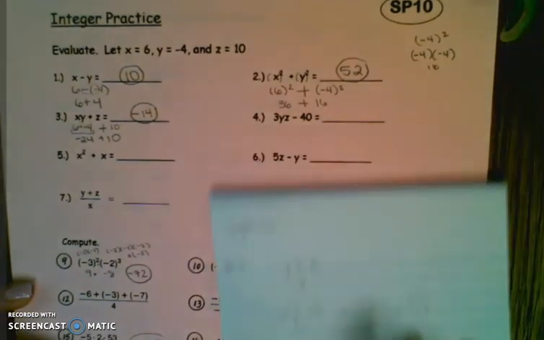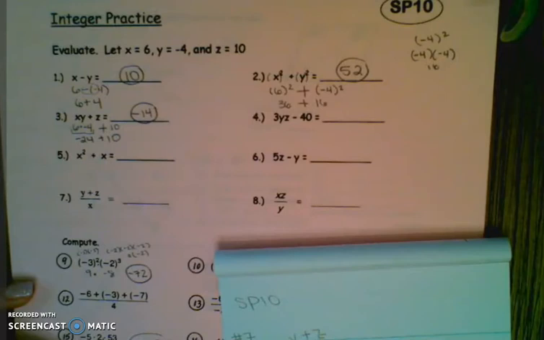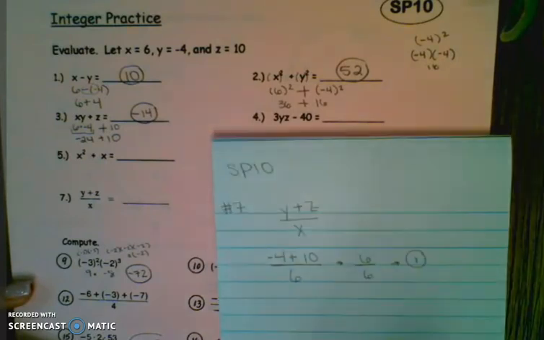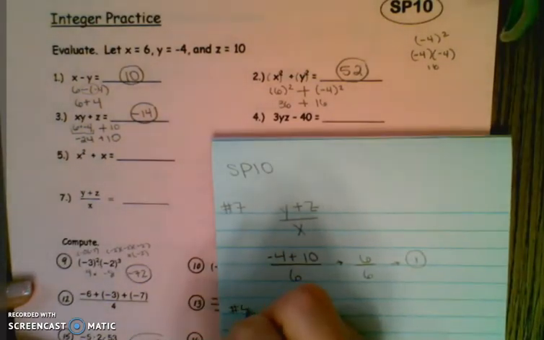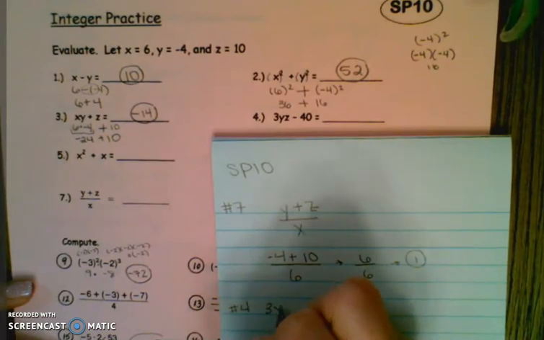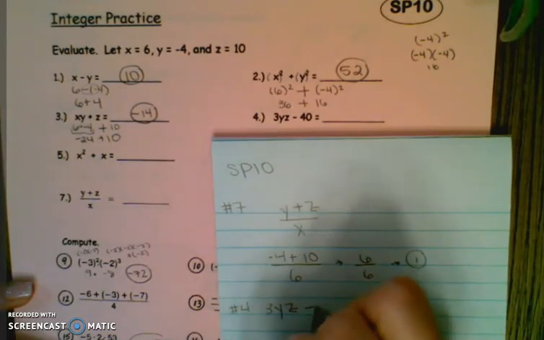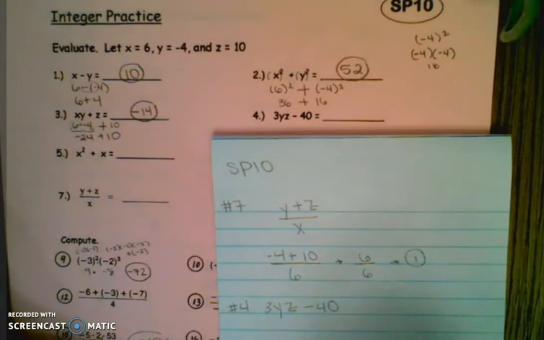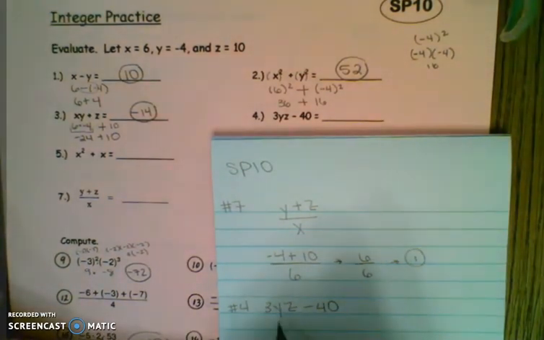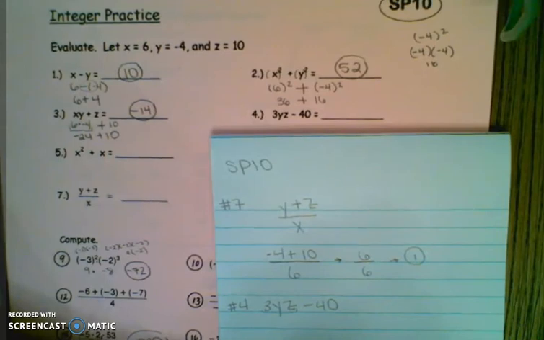Okay, let's see. Another one I'm going to do. Let's do number 4. 3yz minus 40. Okay, so remember, these right here have no symbols in between. There's not an addition sign, there's not a subtraction sign right here in between these, there is not a division sign.